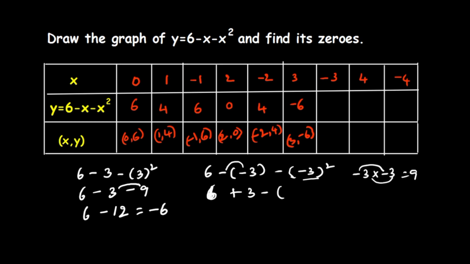So 6 plus 3 is 9, both positive numbers I am adding, minus 9. 9 minus 9 equals 0. So by taking minus 3 we are getting 0 here. So minus 3 comma 0 is one more point here. Okay, now the next one we will take 4.